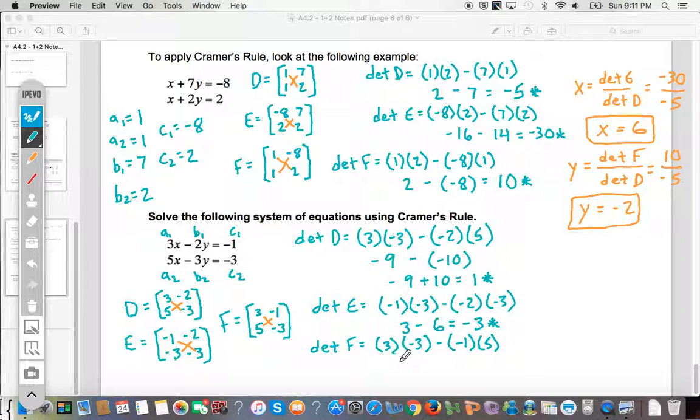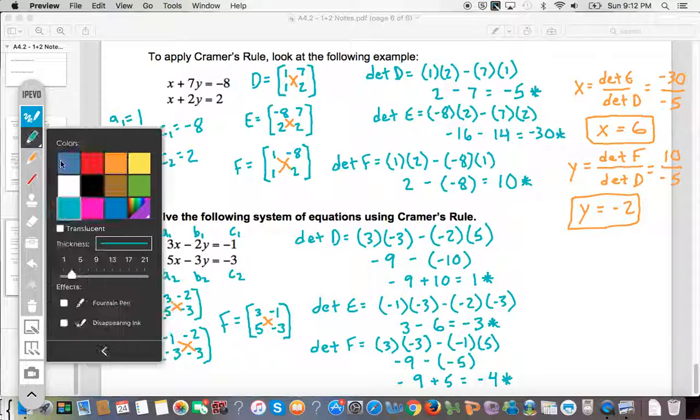So -3 times 3, that's -9, minus -1 times 5, that's -5. So I can rewrite this as -9 plus 5. So that equals -4. So I'll star that one as well.